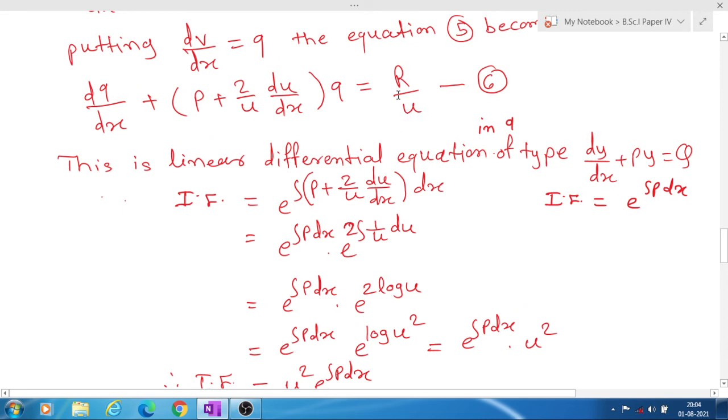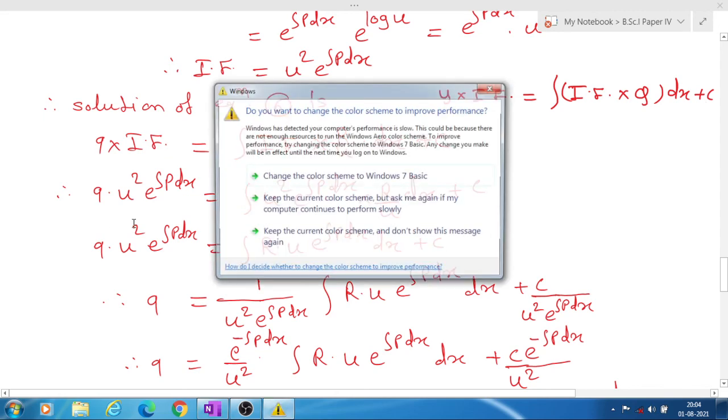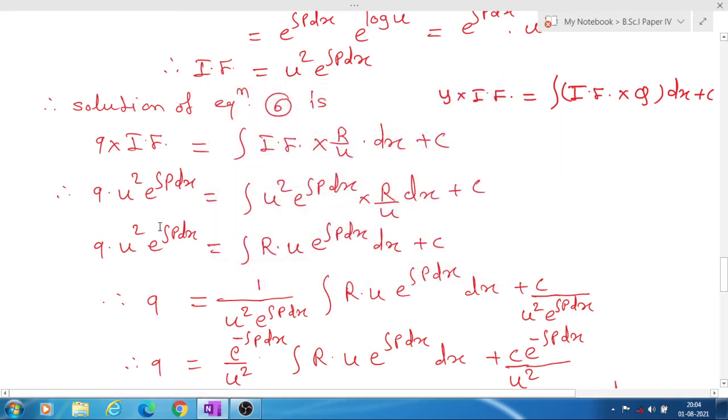So here in our equation it is r upon u, therefore this is r upon u dx plus c. So now put the value of the integrating factor. So q into u square into e raised to integral p dx is equal to integration of u square into e raised to integral p dx into r upon u dx plus c.